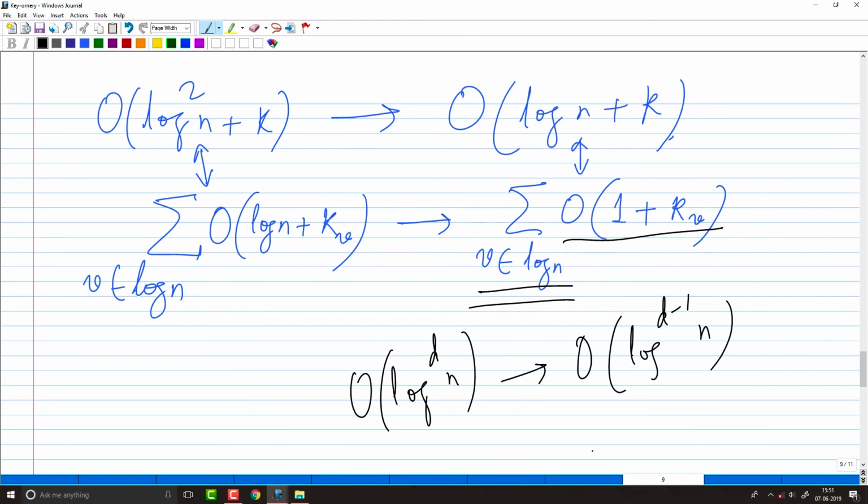Essentially, you have to write a recurrence like the one I asked you to do for the range tree, and do it here accordingly, and use the base case. For the base case you know how to handle it. Take the 2 dimensional case as your base case, where you know it is log n plus k, and then you form the induction, the recurrence, and you are done. Any queries?